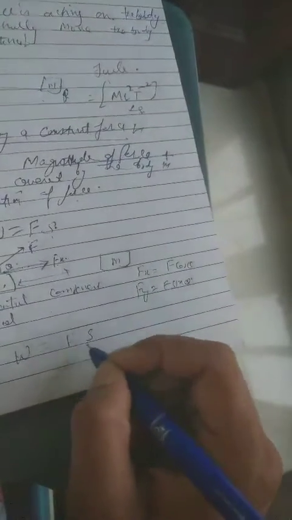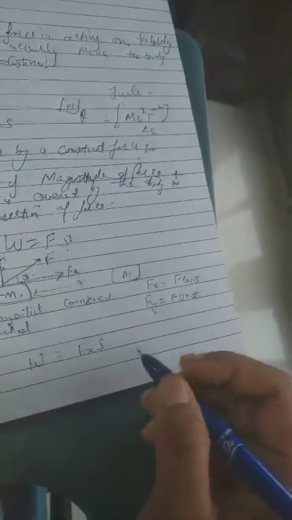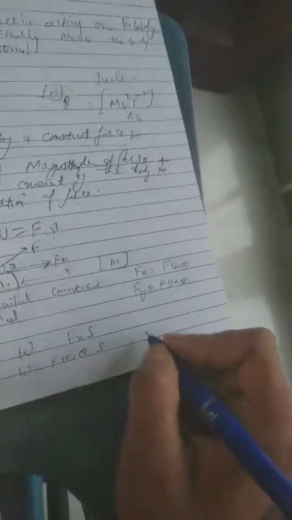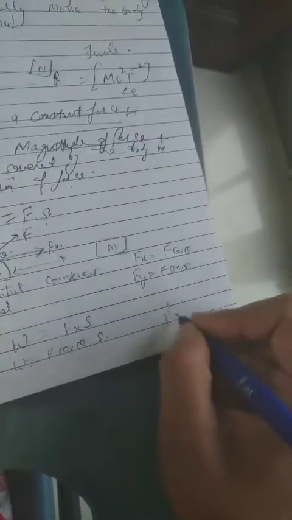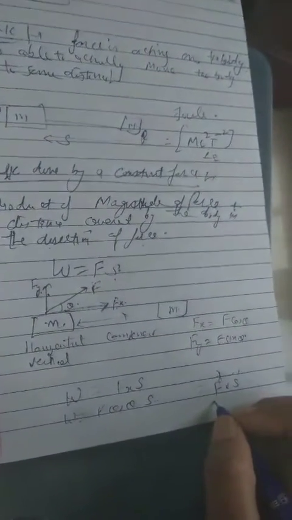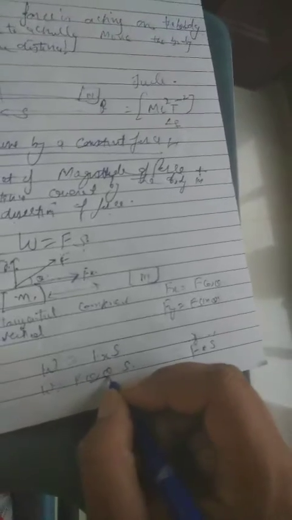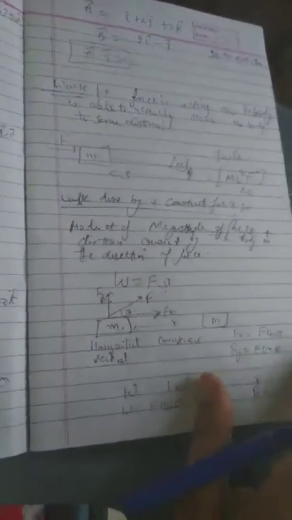So net W is equal to force into distance, so force we will take here Fx, so W is equal to F cos theta into S, or we can say that F dot S. Because we already know the definition of dot product, that it is the magnitude of the product of two vectors and cosine of the angle. Here cos is there, so it will become F dot S.